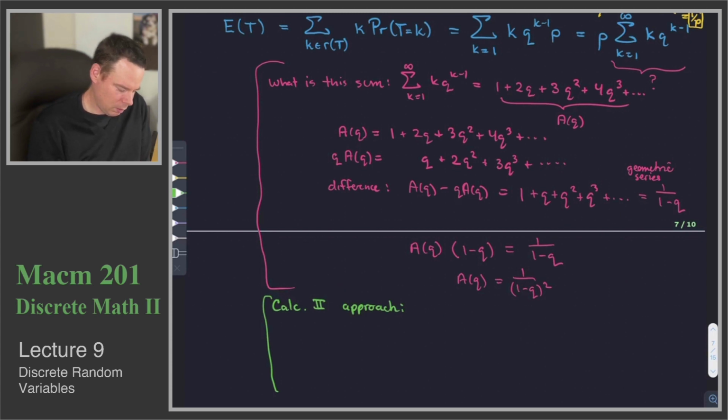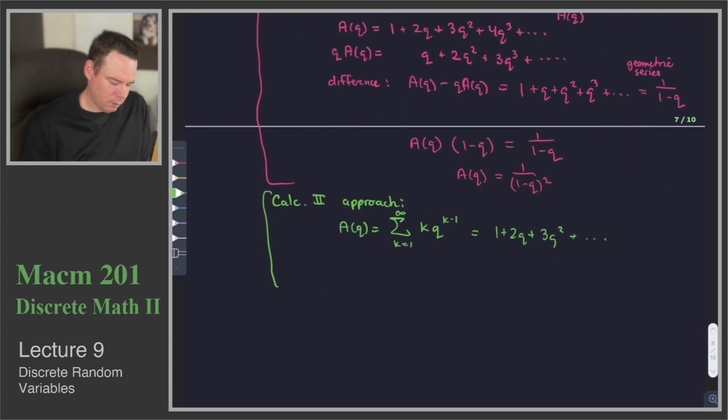Again, we are interested in this series, the sum of k q to the k minus 1, k equals 1 to infinity, which I will write as 1 plus 2q plus 3q squared plus and so on. Now, we don't even need Calculus 2 per se here. All we really need is Calculus 1. You just need to know about a derivative.